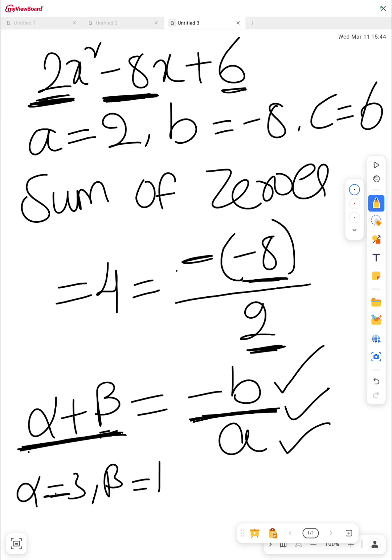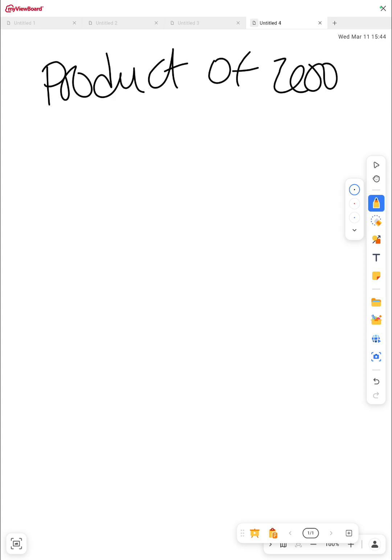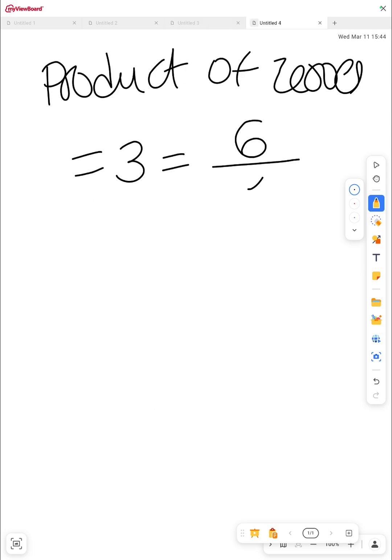Then coming to the product of zeros. What is the product of zeros? It is 3, right? How can we write it? The constant value 6 divided by the coefficient of x square, 2. Here both are the same values, because if we cancel, I will get the same value, 3.